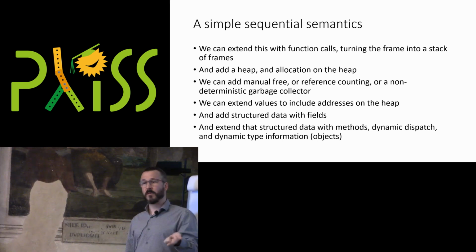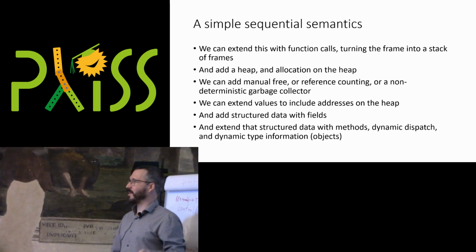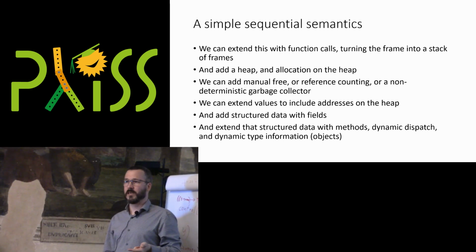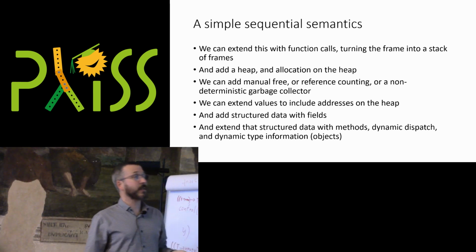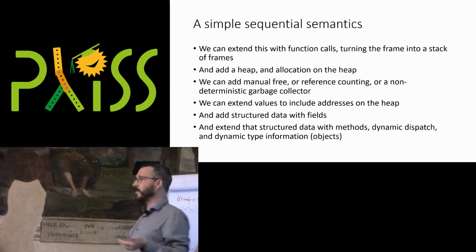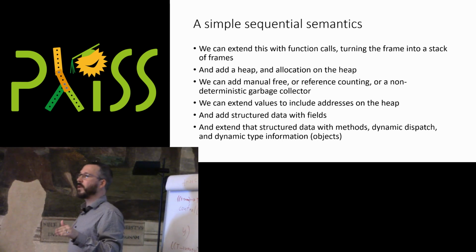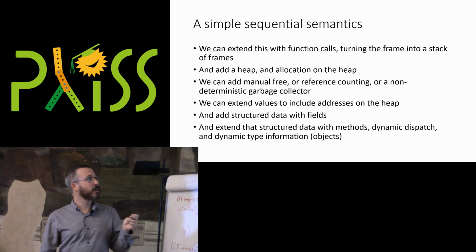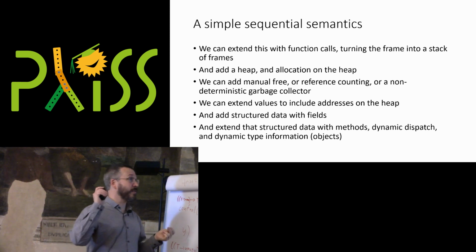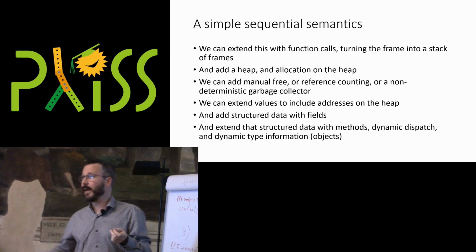Spatial and temporal memory safety is hard, but just having a heap that you're allowed to get fresh addresses on and write all over is pretty easy to express. We can add manual memory management, reference counting, non-deterministic garbage collectors. Okay, that's all more difficult, but relatively easy to express in this kind of sequential operational semantics. We can extend values to include addresses on the heap, add structured data with fields.